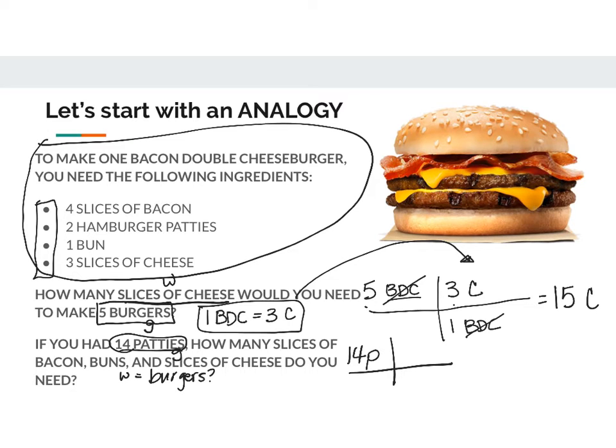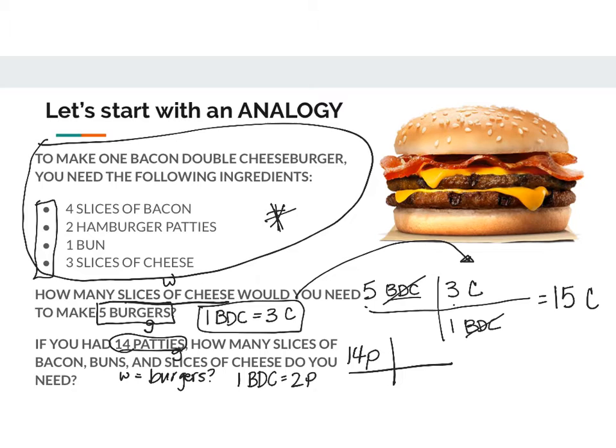So I can make a conversion factor between the patties and the burgers using, remember, our ingredients and our recipe here. All right, so I know that one bacon double cheeseburger is going to be equal to 2 patties.